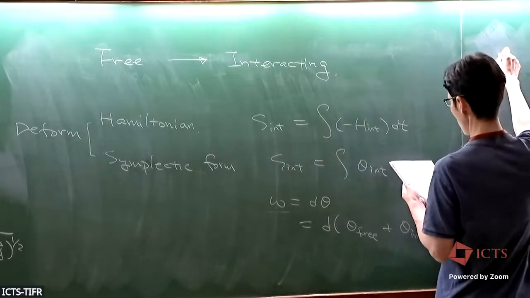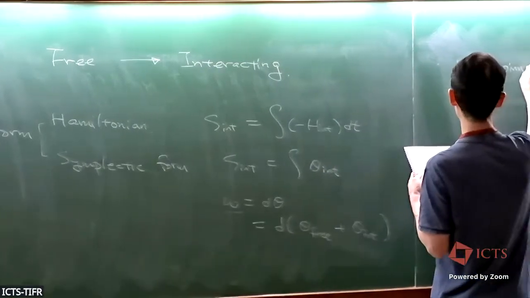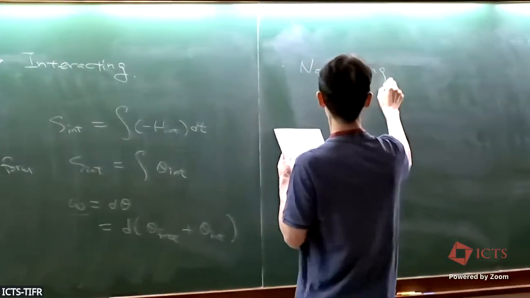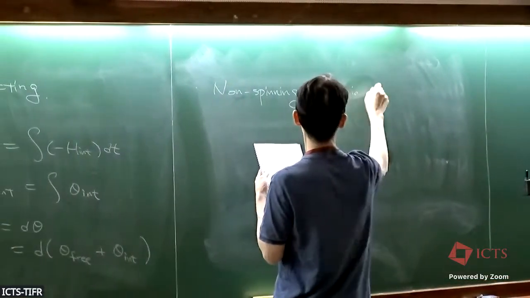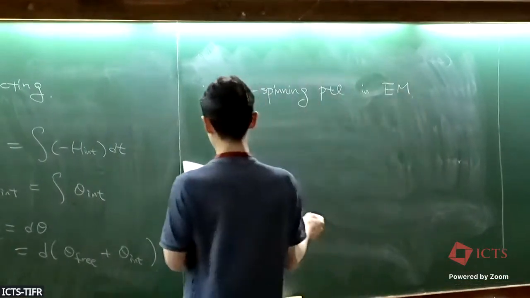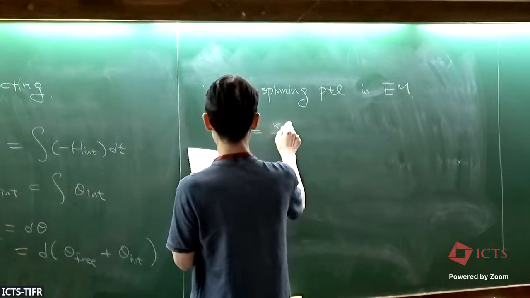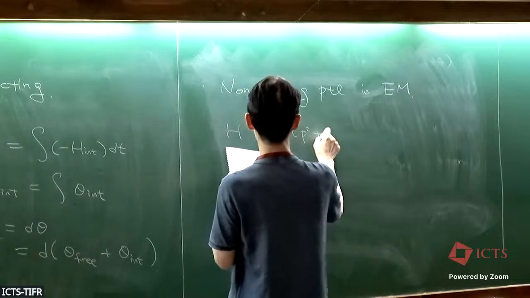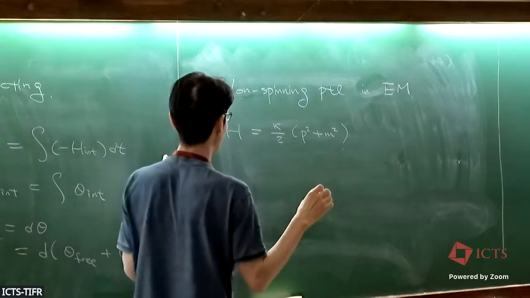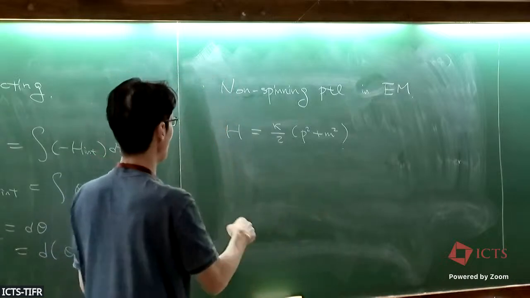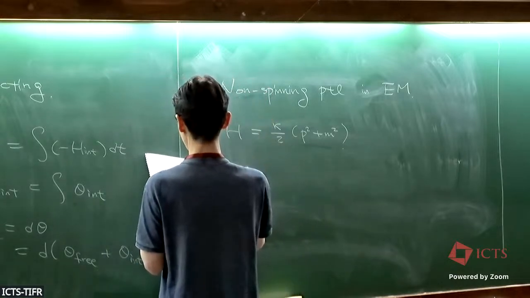So suppose we revisit the minimal coupling of a non-spinning particle in electromagnetism. Before introducing the background field, in a sense, this translation generator is the Hamiltonian in an effective sense.